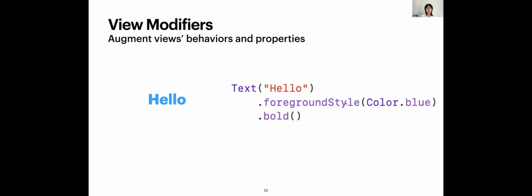One important thing: the order of modifiers matters in some cases. For example, if you apply the padding first, then the background, the background color covers the padded area. But if you flip those, background first, then padding, the background only covers the text, and the padding around it stays transparent. So pay attention to the order.